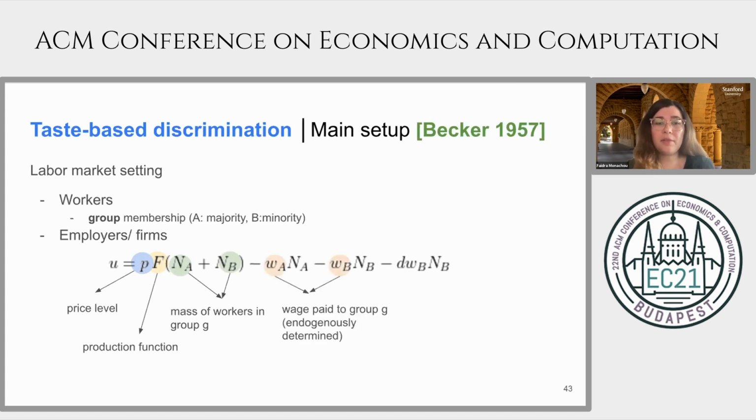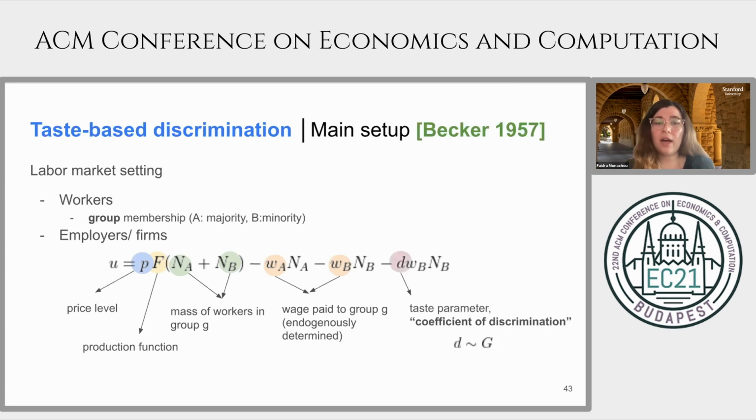Then we have the wages paid to each group of workers, WA and WB. What's important here is that WA and WB are not constant. They're endogenously determined in our model, as we will see.